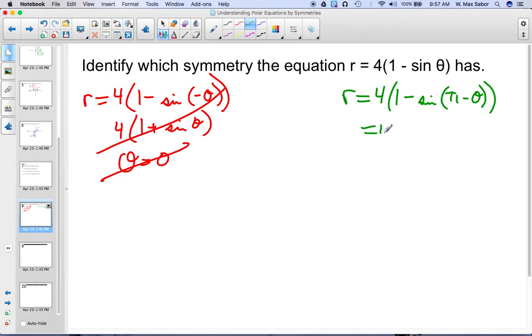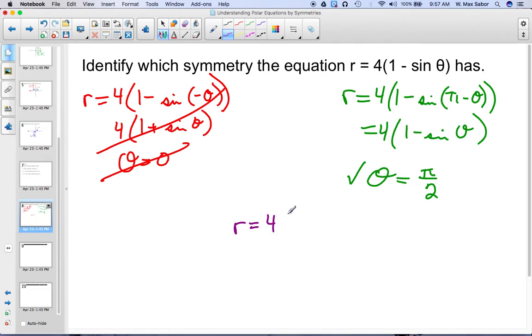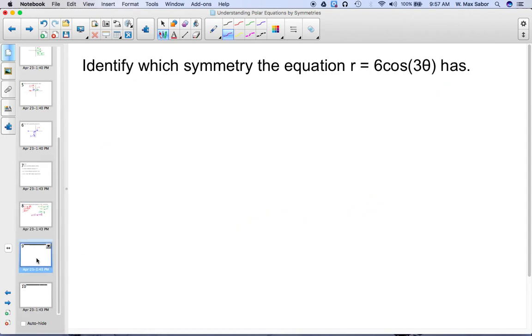So for 1 minus sine of theta, this does have reflection across pi over 2. If you want to check the last one, it doesn't have it, but just to show it, for 1 minus sine of pi plus theta, that is not symmetrical, so it does not have rotational symmetry.